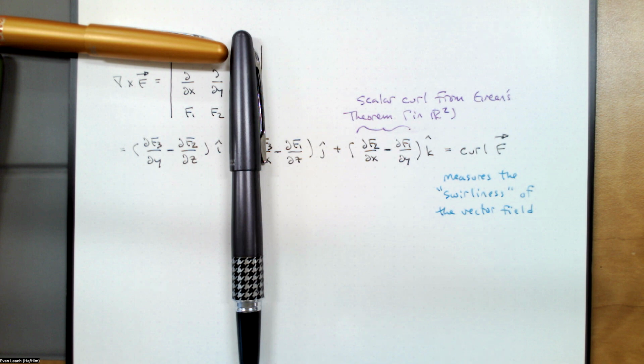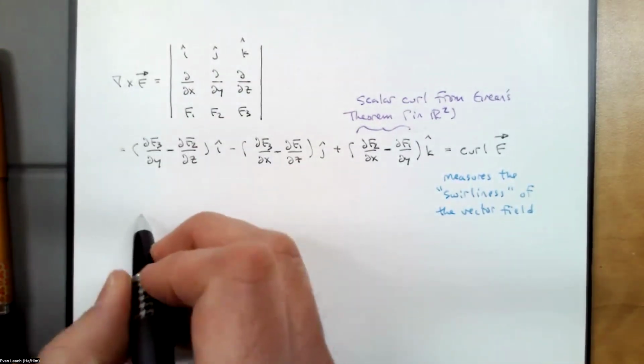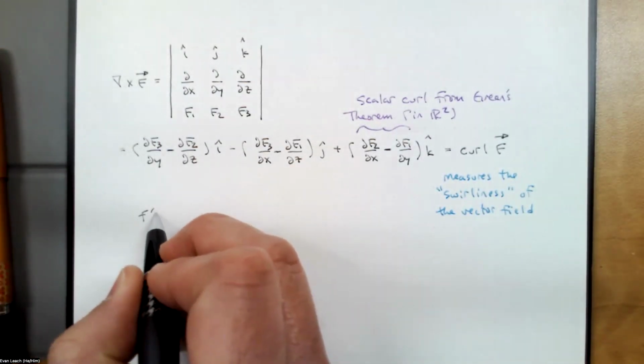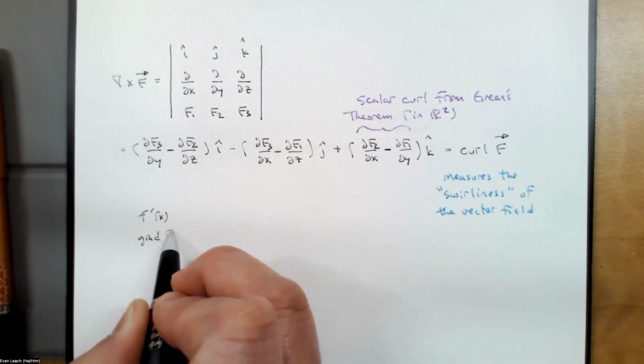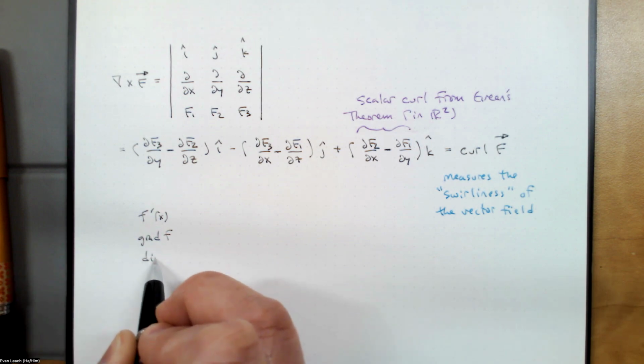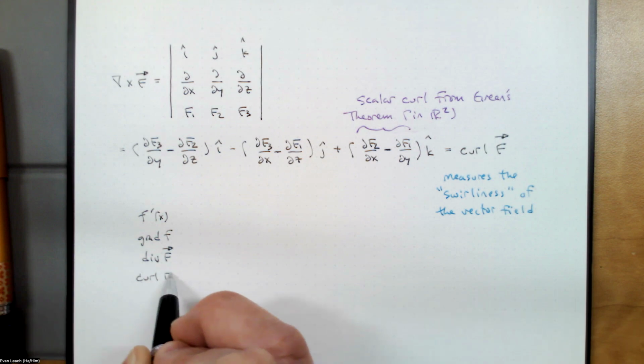So we have all these different kinds of derivatives. We've got our original derivative, f prime of x. We've got the gradient of f. We've got the divergence of a vector field, and we've also got the curl of a vector field.